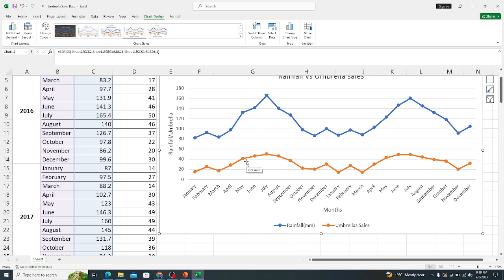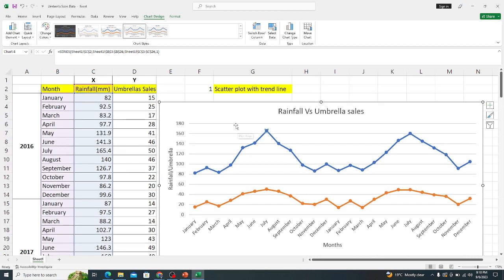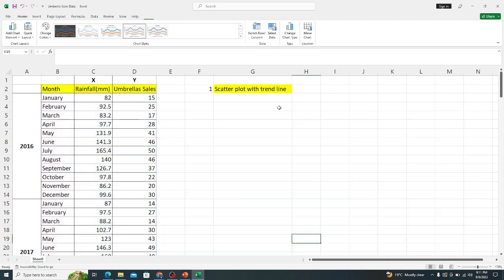Those are some of the insights which you can see in advance. Basically this was just to investigate the trend of our data using a pictorial format.